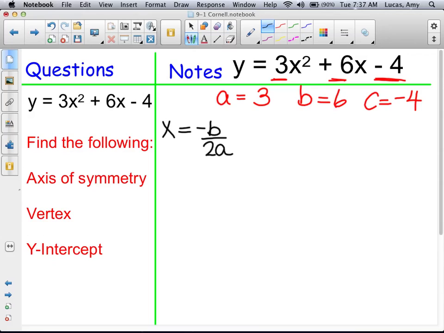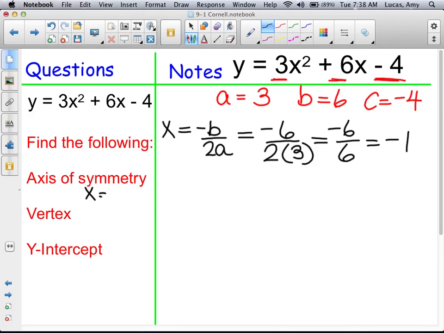If b is 6, the opposite of b is negative 6. 2 times a, which is 3, is also 6. Divide those and x equals negative 1. That is your axis of symmetry. X equals negative 1.